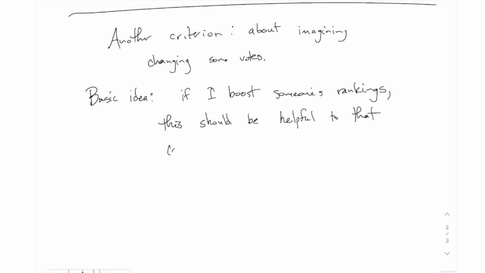Certainly, I feel like any reasonable system ought to satisfy this kind of property. Otherwise, it seems like this is sort of a common sense thing. Actually, though, we will see this is not automatically true for all the systems that we have discussed, although it is true, for example, for the Borda.